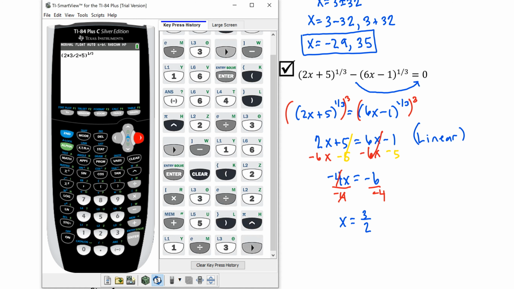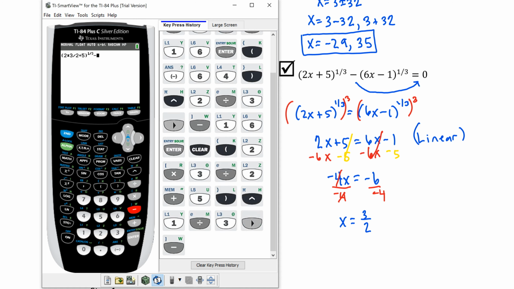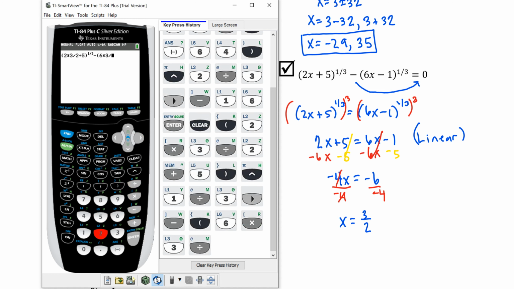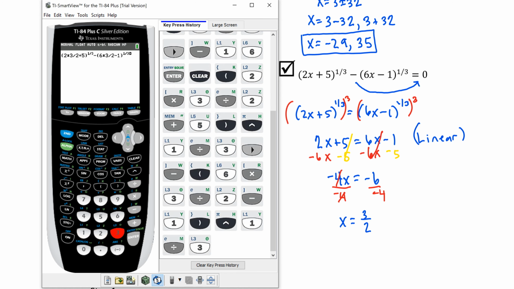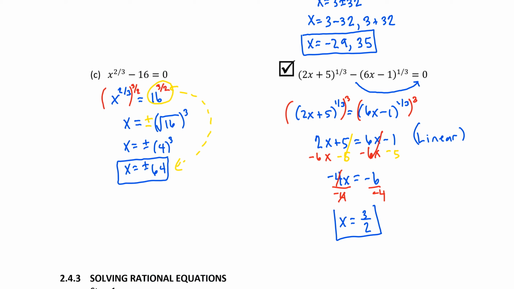Use my right arrow key to get down out of the exponent. Minus, remember, I'm keeping my eye on the original equation, and I'm plugging 3/2 in for x. We are looking for a value of 0, and we have obtained a value of 0.